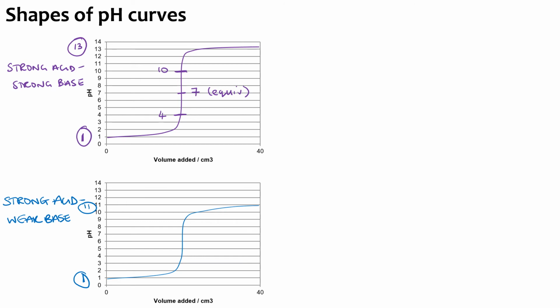Now this time the straight part of the graph is going from around pH 8, so it's a bit lower because it's a weak base, but it's still going down to be around pH 4. Now the equivalence point is in the middle of those two, and so for this one we'd have an equivalence of around pH 6. As long as it is less than 7, that would be right for this one.